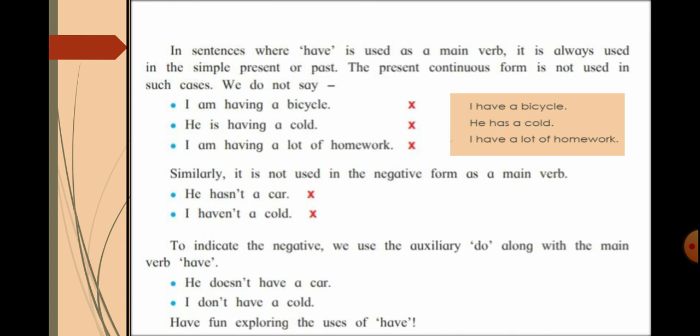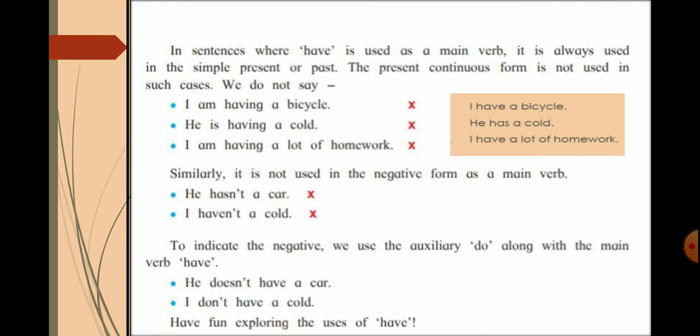In sentences where have is used as a main verb, it is always used in the simple present or past. The present continuous form is not used in such cases. So we do not say I am having a bicycle; we say I have a bicycle.